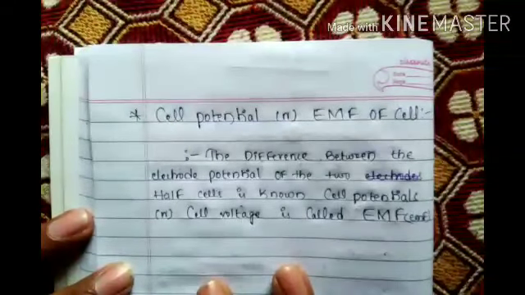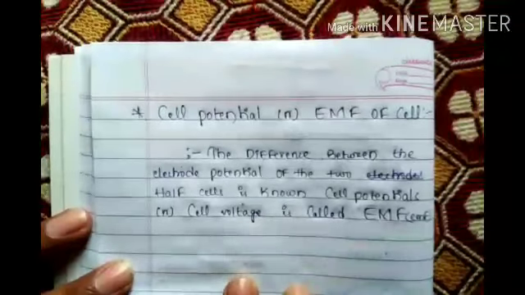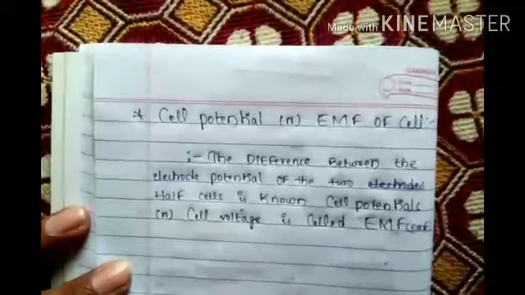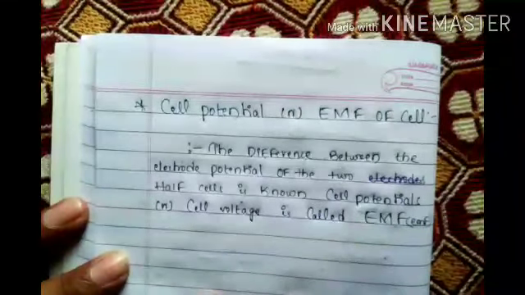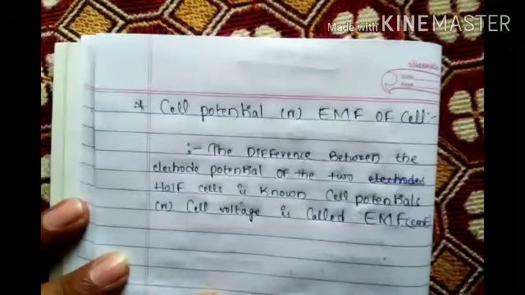Cell potential or cell voltage is called EMF. EMF means electromotive force. Either you can write all small letters or all capital letters, not mingled.